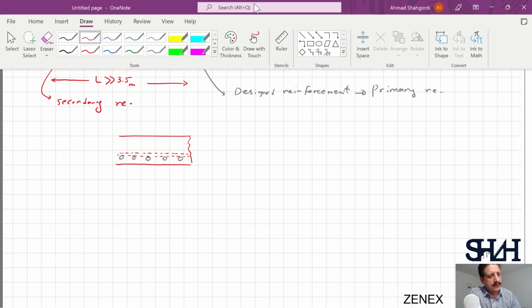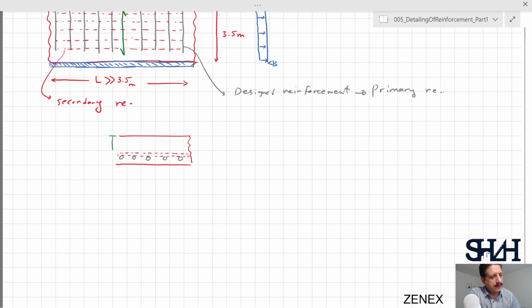Here we can see that we are increasing the capacity by increasing the effective depth. So now the first question is, what is the required depth? Please notice that we are not designing, we are just going through the detailing. Later on we will design what is the required reinforcement in the concrete slab. But this is just for the detailing.